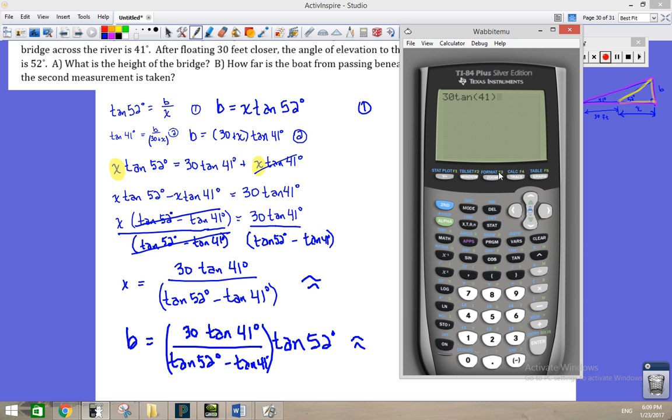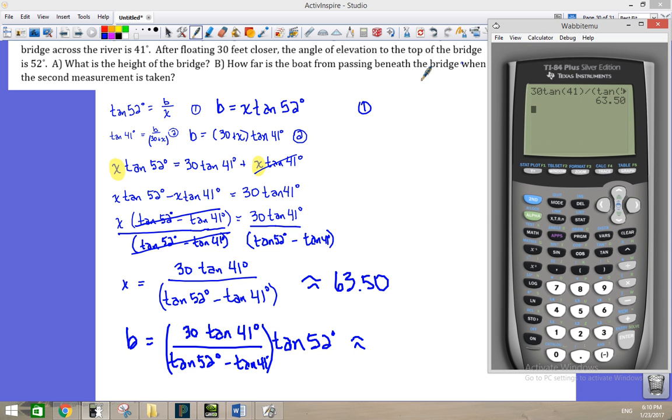Now I need to close that parenthesis, and in the denominator I need parentheses around this subtraction problem, the tangent of 52, and I do have to close that parenthesis, and then I have minus tangent of 41, and it may be forgiving on these, but I'm going to close them anyway. And so I claim that this is how far you are from being underneath the bridge after your second measurement, and this is in feet.